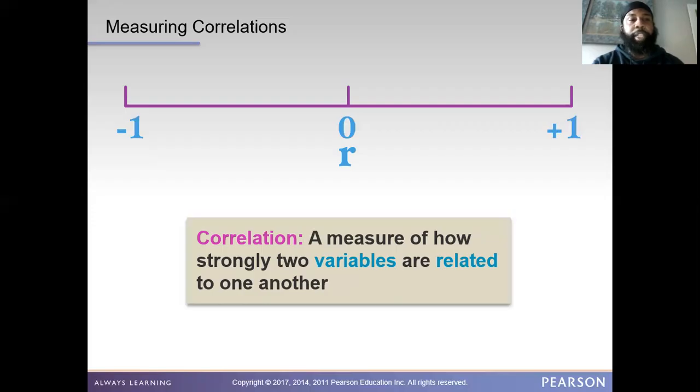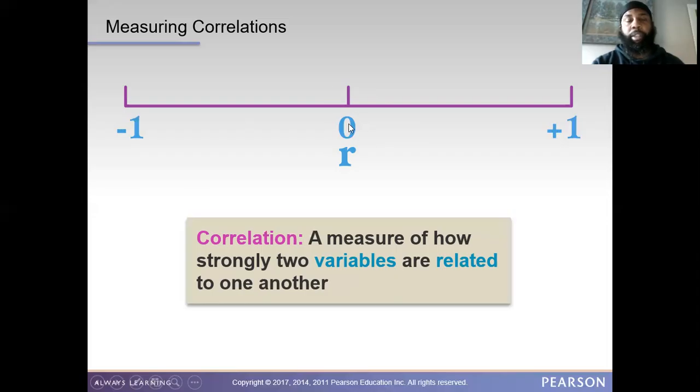This is perfectly negative. So that means 100% of the time, whenever A goes up, B goes down, or whenever A goes down, B goes up. So, perfect positive relationship, perfect negative relationship.